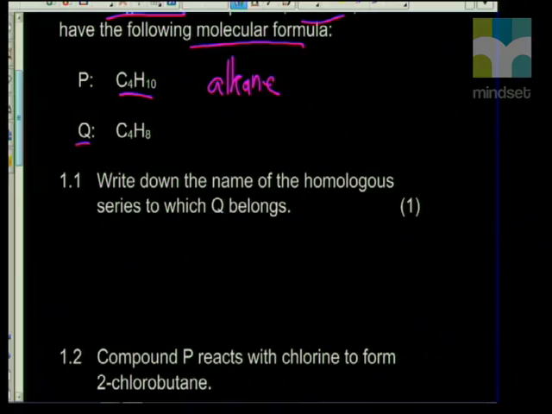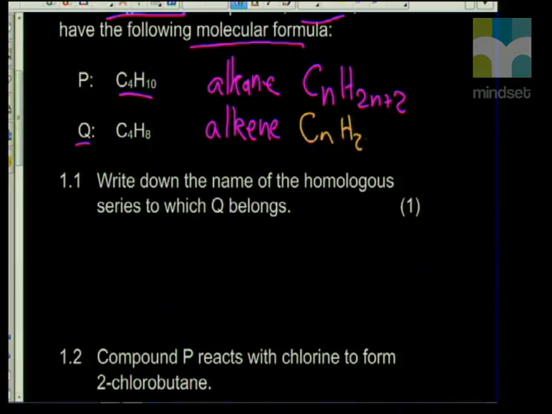And Q, C4H8, I'm going to say that's an alkene, because the general formula fits the pattern of CnH2n+2 for P, and this one fits the pattern of CnH2n. So we've identified that these are two different homologous series based on the general formula from their molecular formula.